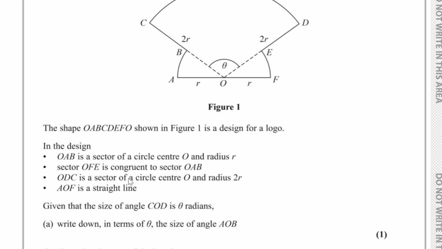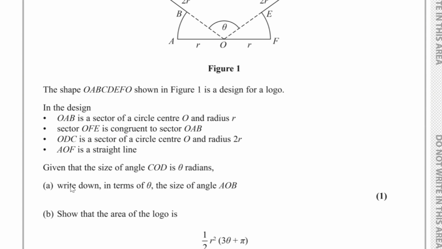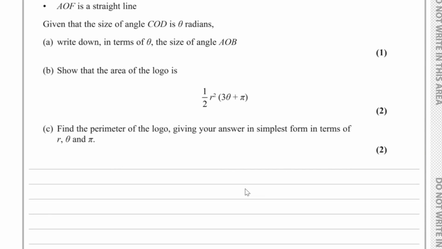OCD is a sector of a circle center O with radius 2r. And AOF is a straight line. Given that the size of angle COD is theta radians, for part A, we have to write down in terms of theta the size of the angle AOB.